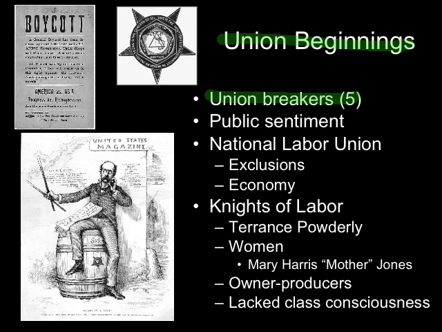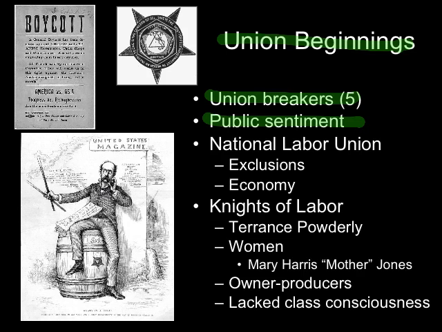Okay? Now, another problem the unions had was that early on, public sentiment was against them. People didn't understand what unions were all about. There was talk going around that unions were socialist. They were anti-American. All this talk of unionizing and all this and that, it's brought over from Europe.